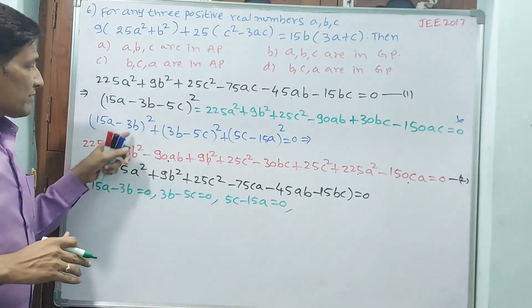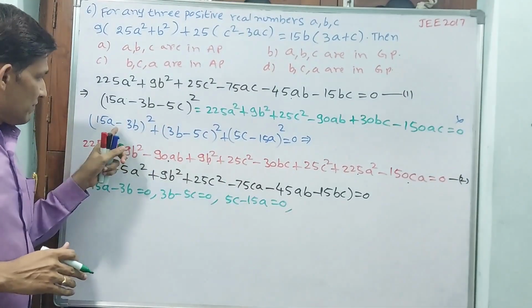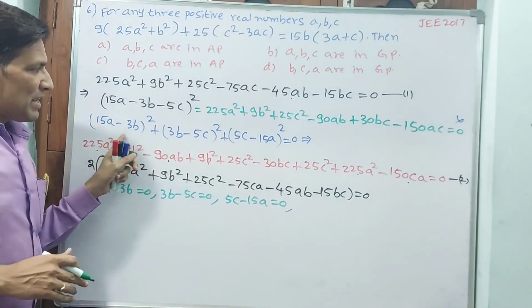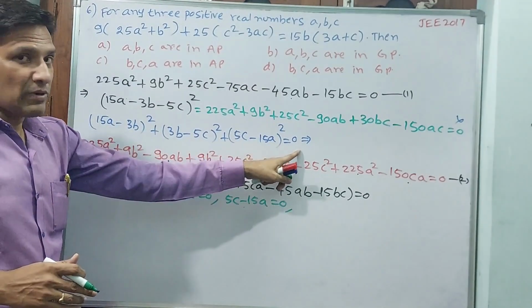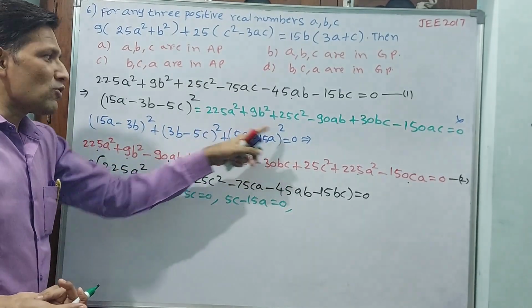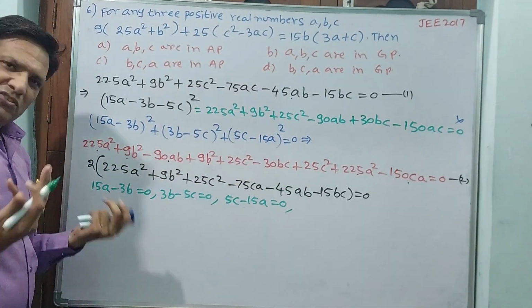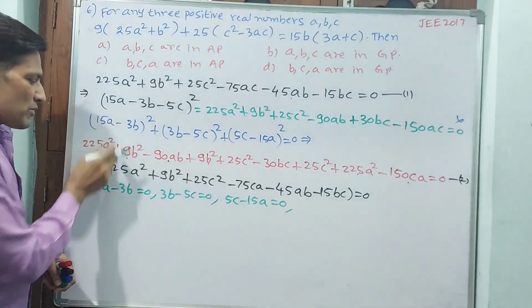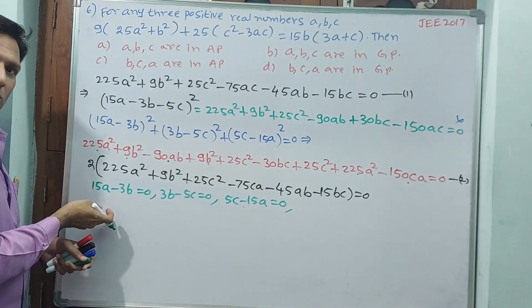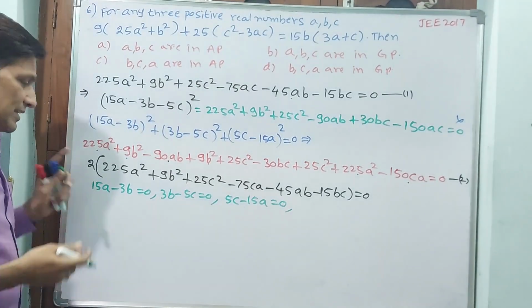When squares are there, the sum is not going to become 0 unless these are zeros. That is the logic. This is square 0 means ordinary also 0 only, without square also.